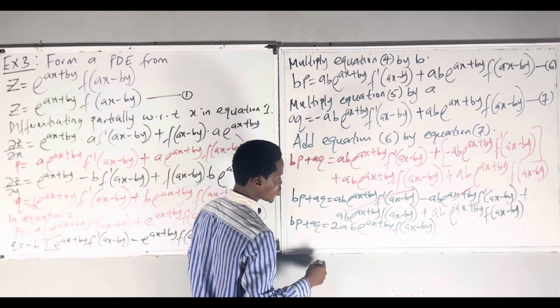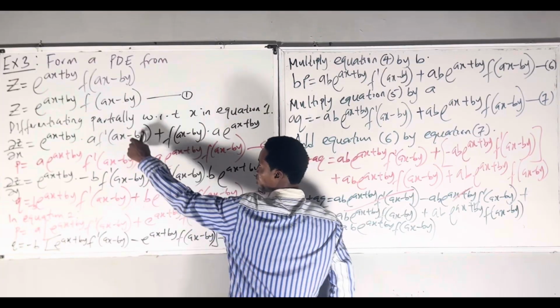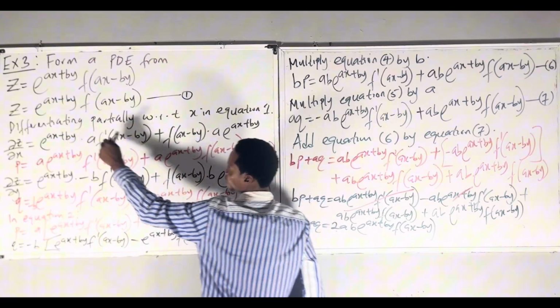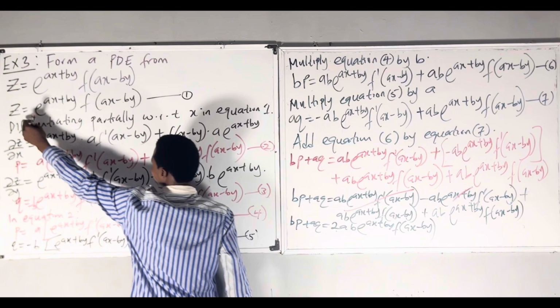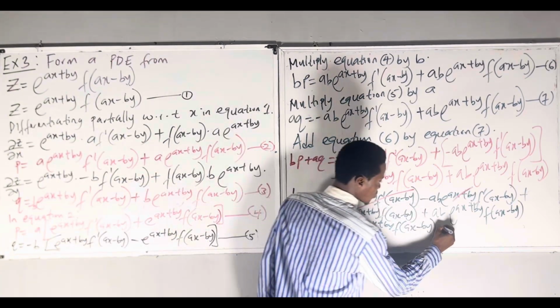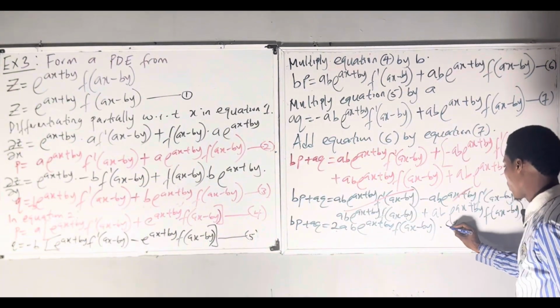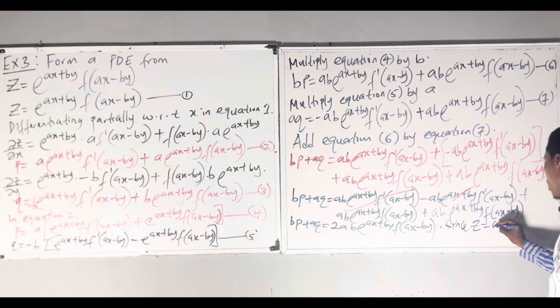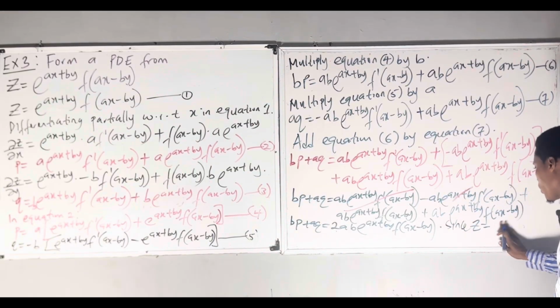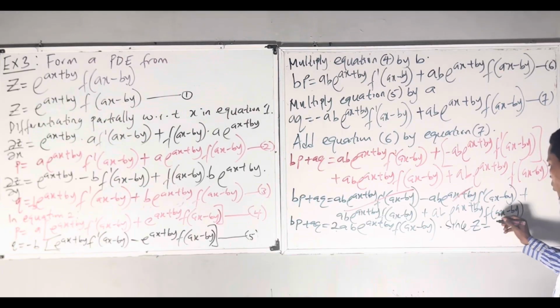So what I'm going to do next, remember that if you look at our relation that we have been given, you can find that exponential AX plus BY f of AX minus BY is Z, since Z is equal to exponential AX plus BY f of AX minus BY.